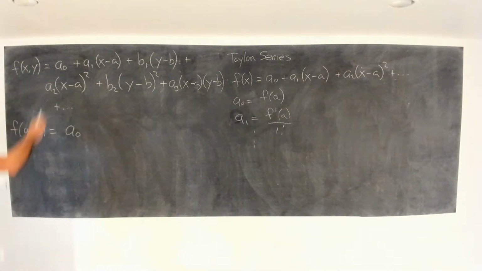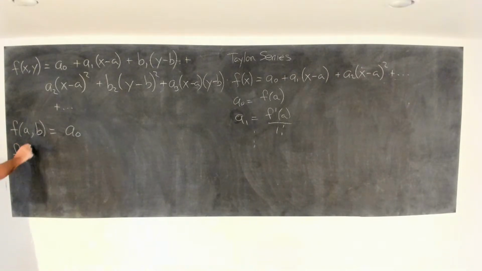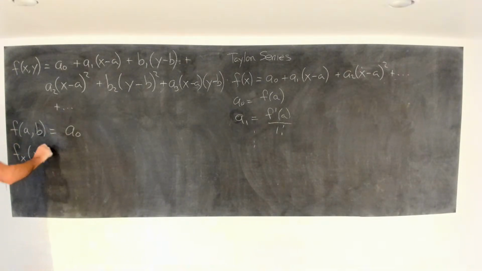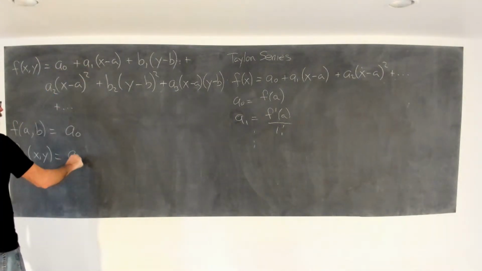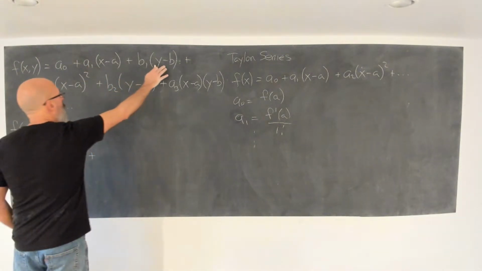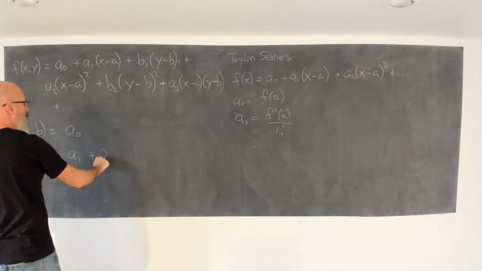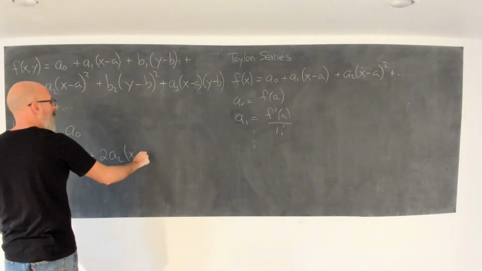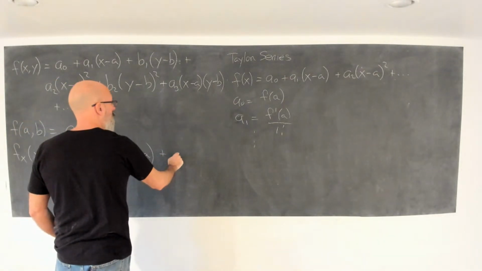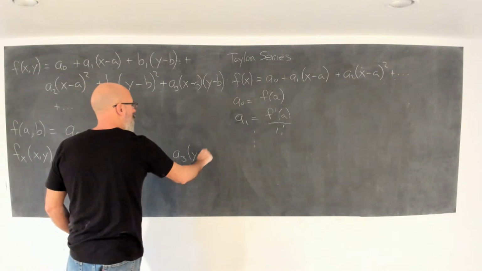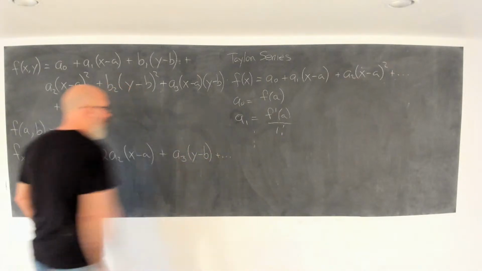And then if you differentiate with respect to x, you see what happens. This disappears. Here we get a1. That's gone. This is 2a2 (x minus a). This is gone. This is a3 (y minus b), and so on and so on.